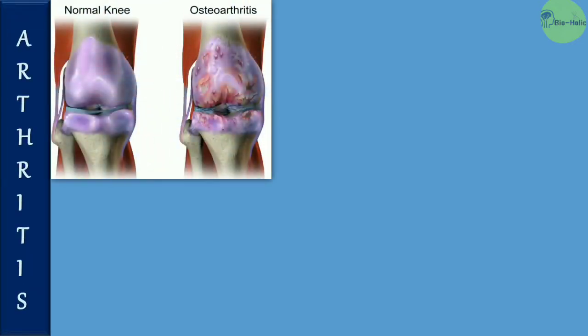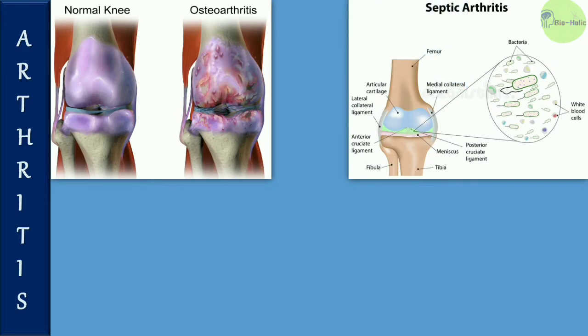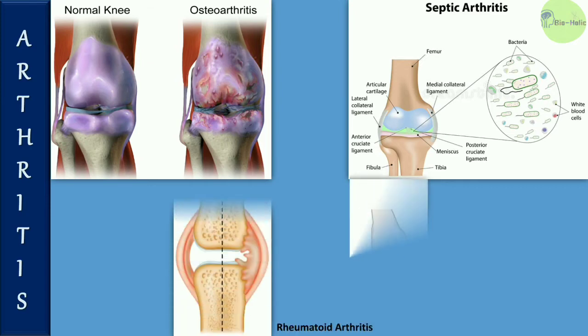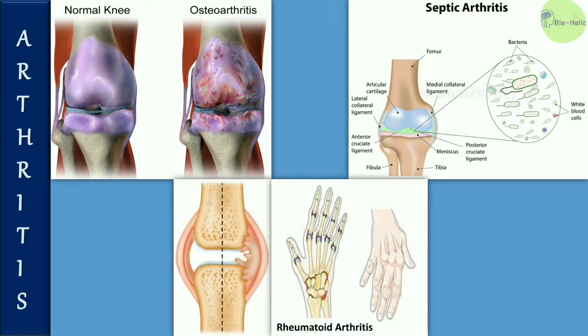So here you can see this is the normal knee and the knee when you have osteoarthritis. This is septic arthritis, where microscopic studies found varieties of microorganisms, mainly bacteria. And in case of rheumatoid arthritis, swelling takes place.